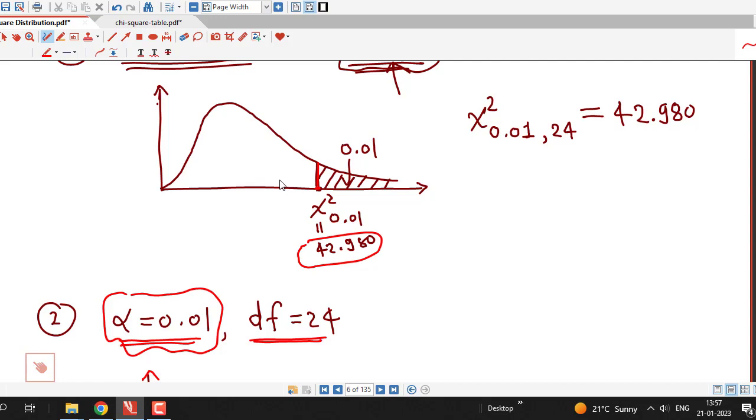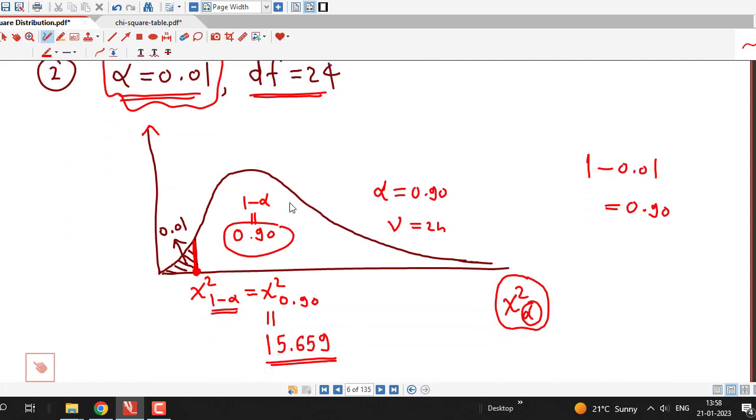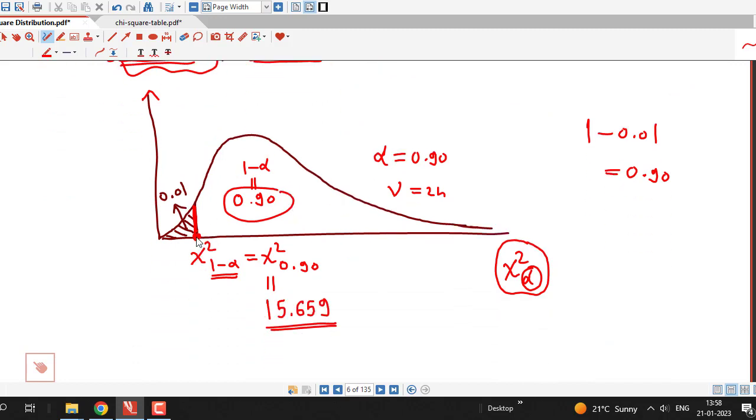But chi-square distribution is not symmetric, so if you are asked to find the chi-square critical value and you are given the area to the left side of that value, you have to first find the area to the right side of that value and use that area in the table to find this chi-square critical value.